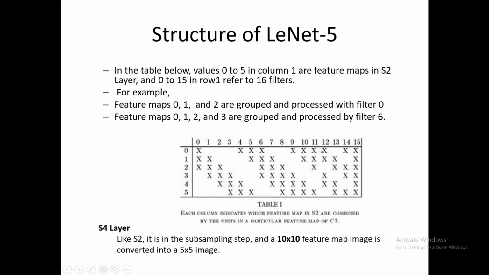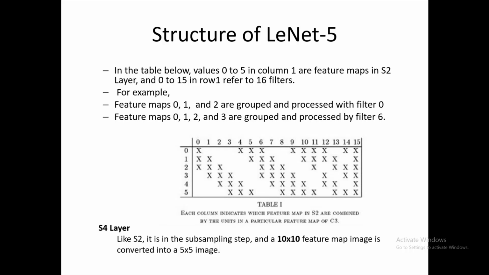For example, feature maps 0, 1 and 2 are grouped and processed by filter 0, and feature maps 0, 1, 2 and 3 are grouped and processed by filter 6. In this way, the processing of the previous feature maps is performed in the current feature maps.